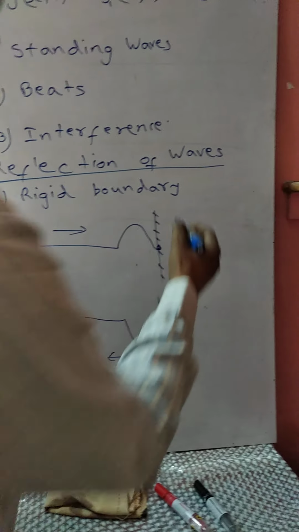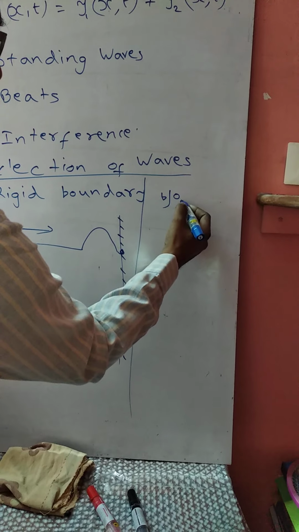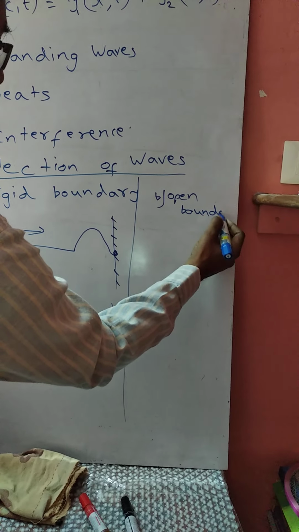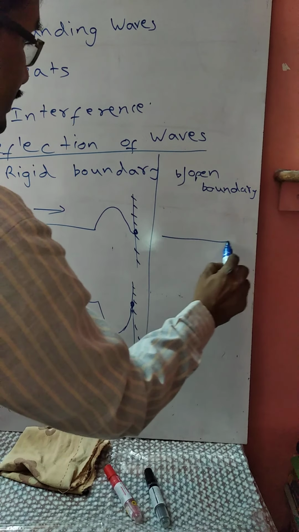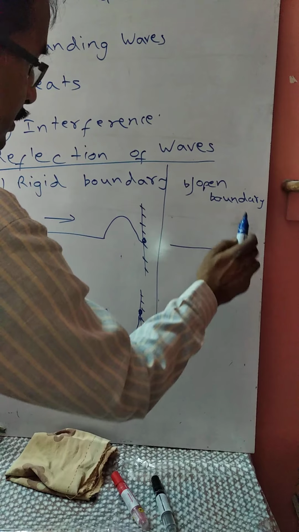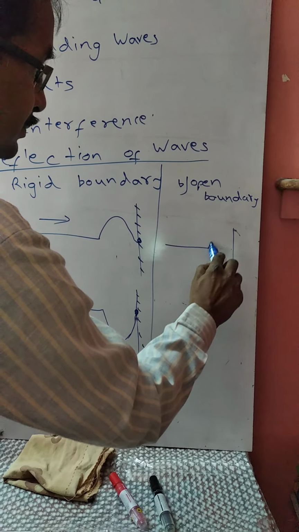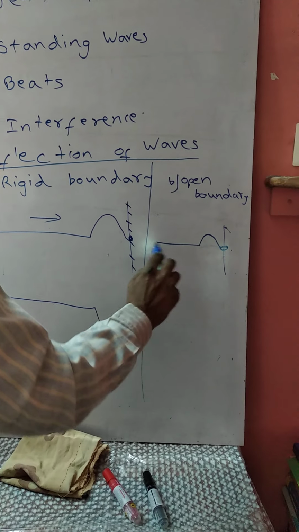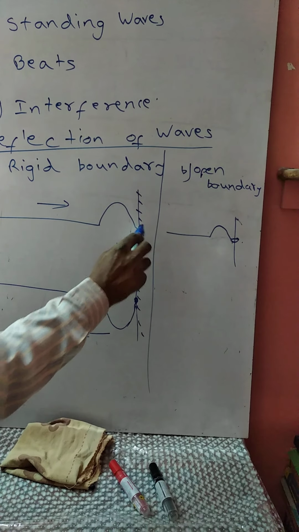The same thing if you go for the reflection at an open boundary. Open boundary means suppose the string is connected to a ring rather than a rigid support.